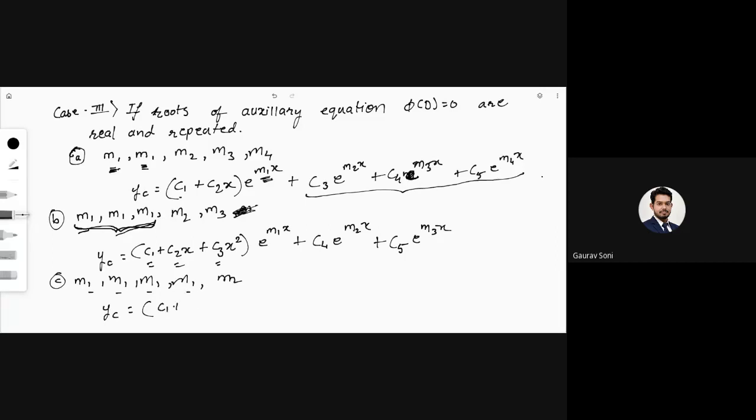So c1, c2x plus c3x square plus c4 x cube, e to the power m1x. And m2 is again a distinct real root, so e to the power m2x. I hope it is clear. So we'll solve a small example based on this.